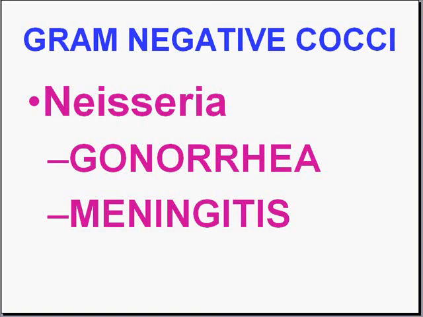This is in older children, young adults, and older adults. My taxonomy may not be perfect, but to tell you the truth, I really can't think of any clinically important gram-negative coccus except for Neisseria.